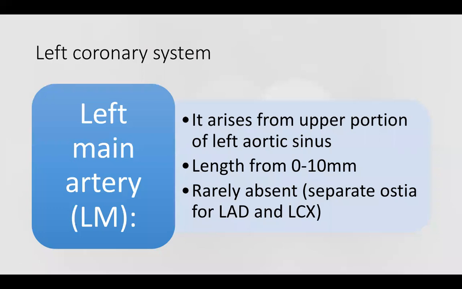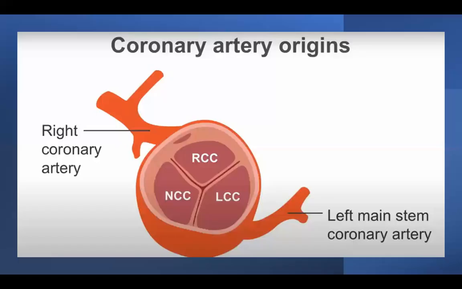The first coronary is the left coronary system. The vessel that arises from the aorta is named the left main artery. The left main artery arises from the upper portion of the left aortic sinus. If we look at the aortic valve, we will have 3 cusps with 3 sinuses named after the coronaries.